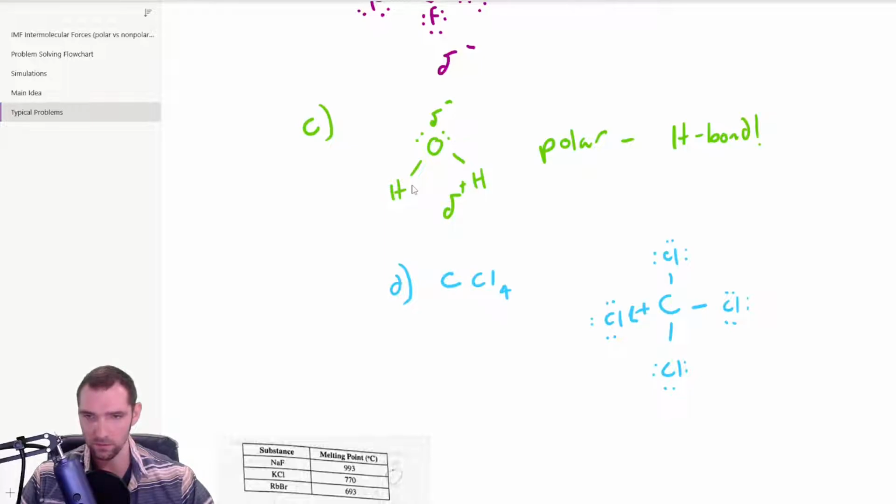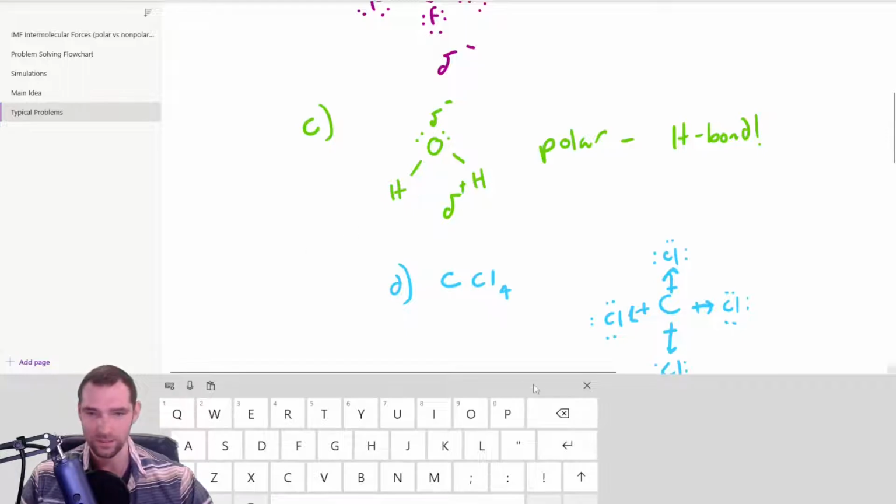And I see the chlorines, those are more electronegative than the carbon, and so they're going to hold on to the negative charge. They get most of the negative charge. The carbon's mostly positive, so it's kind of like a partial charge of positive on the inside. Oh, that's weird.